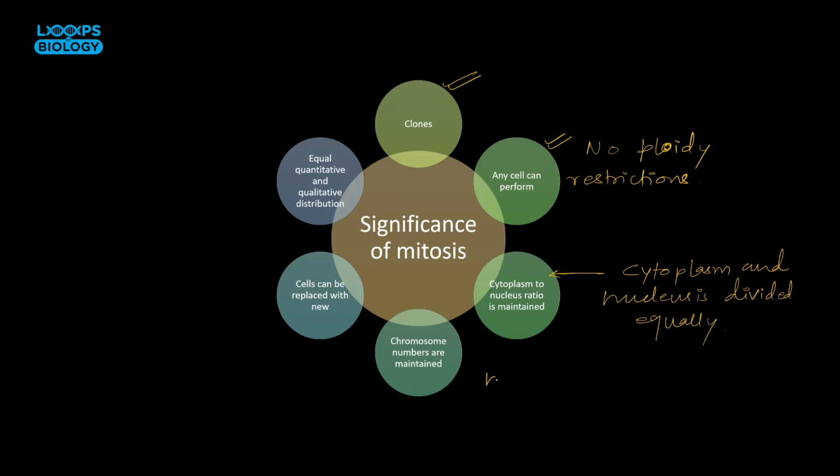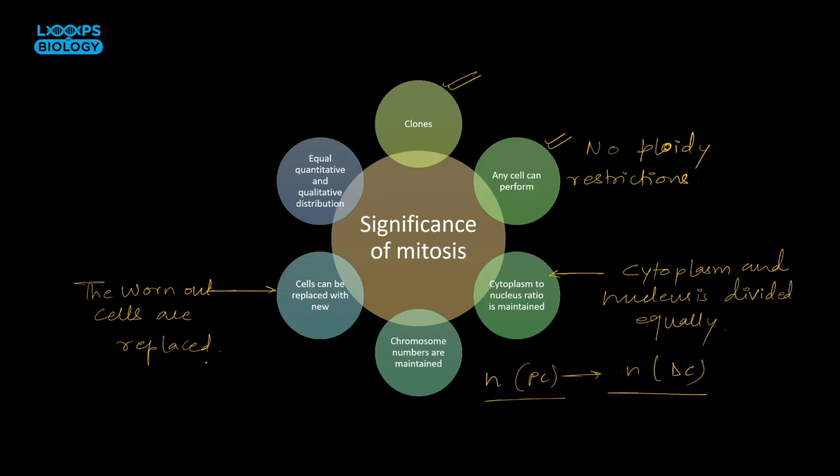If the parent cell contains n number of chromosomes, then even the daughter cells are going to contain n number of chromosomes itself. All right. The cells can be replaced with new ones if we are talking about wear and tear of the particular cell. So worn out cells of the body can be replaced by new ones because of mitosis.